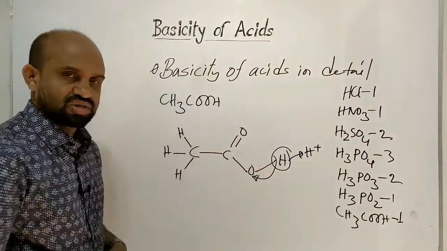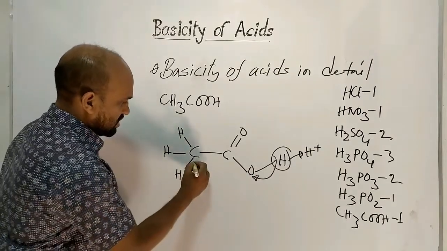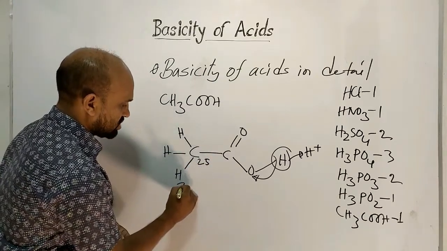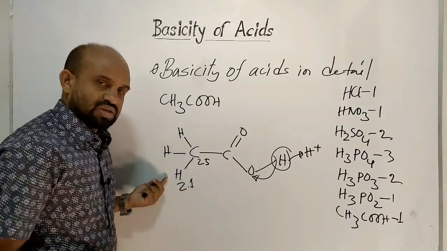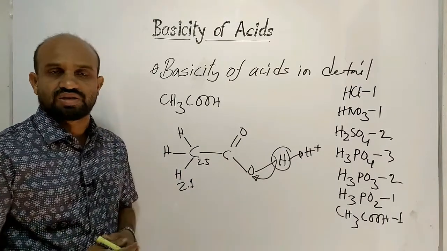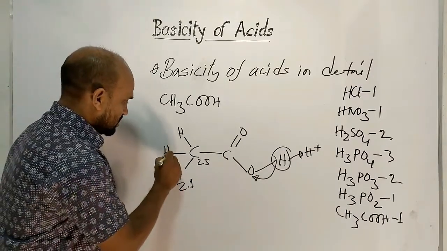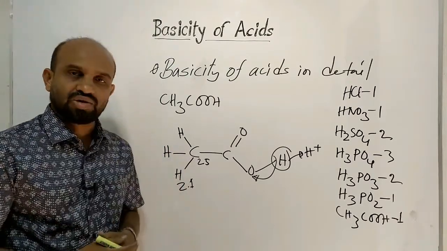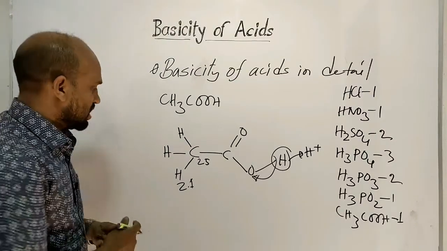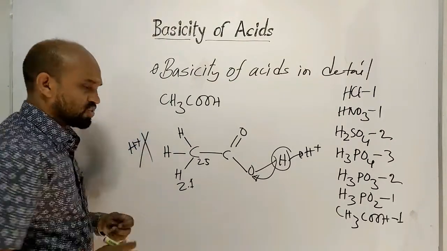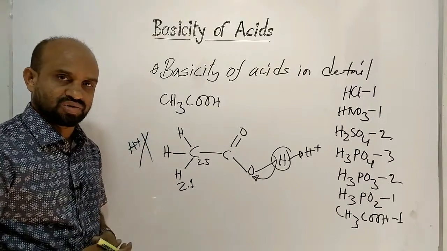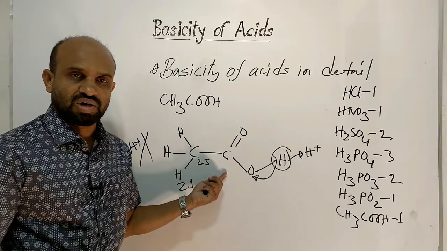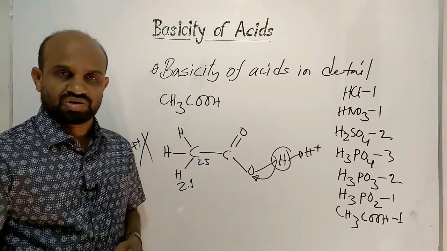But for the other 3 hydrogen atoms, the electronegativity of carbon is 2.5 and hydrogen is 2.1. Here the electronegativity difference is negligible. That is why these hydrogen carbon bonds are not polarized and no heterolytic fission occurs here and no protons are produced from these 3 hydrogen atoms. That is why the basicity of acetic acid is 1, though it has 4 hydrogen atoms.